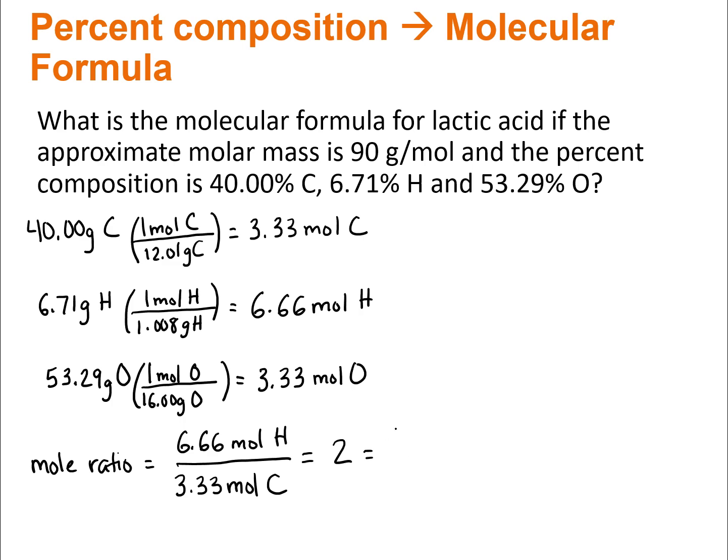You need to translate that to 2 moles of hydrogen for every 1 mole of carbon. Because the oxygen is the same, it's also going to be 2 moles of hydrogen for every 1 mole of oxygen.